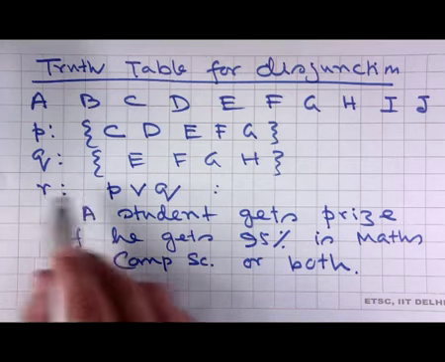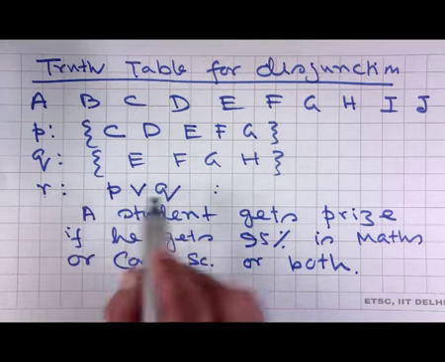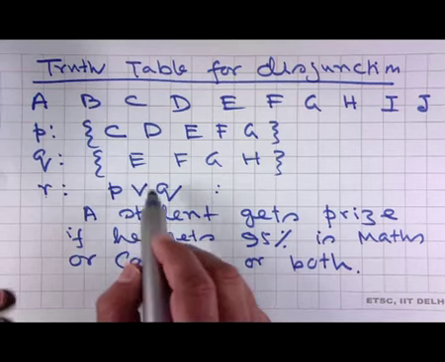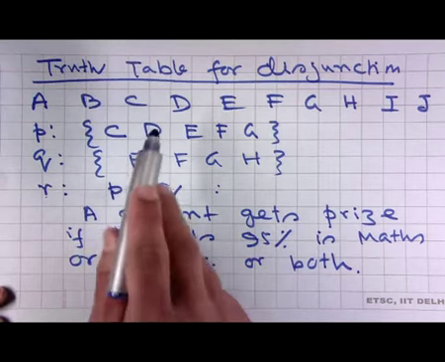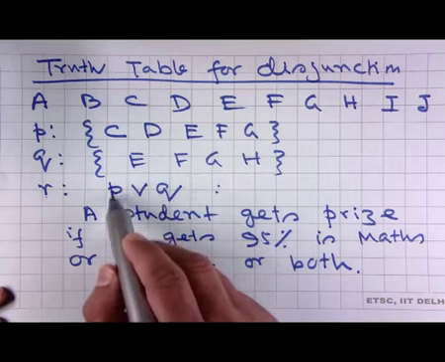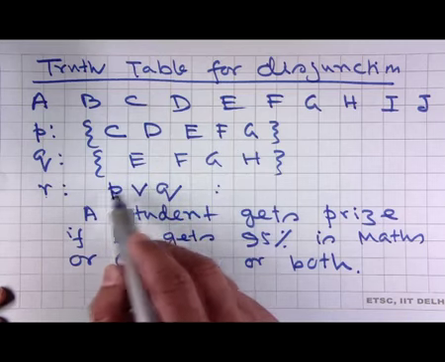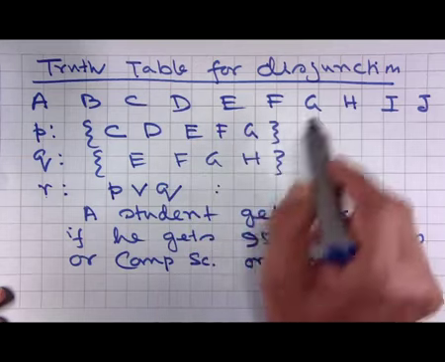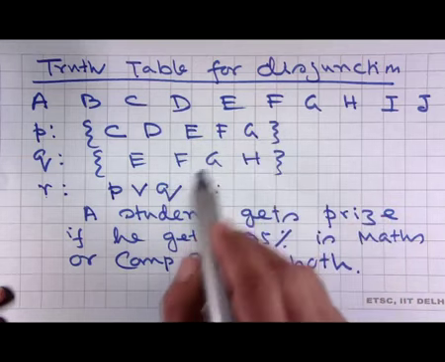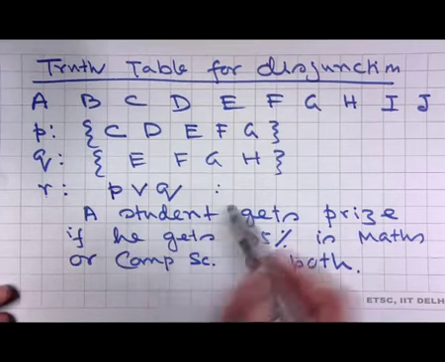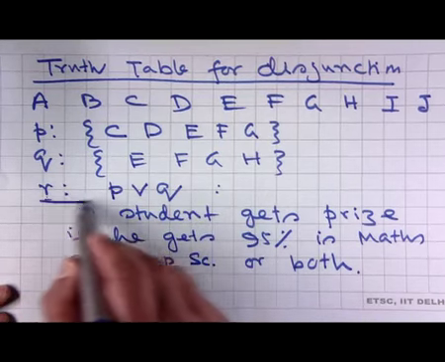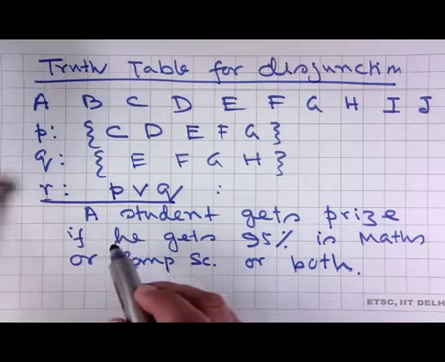Therefore, I can write R is equal to P or Q, in the sense that whichever elements are members of the truth set of P and whichever elements are the members of the truth set of Q, they all belong to the truth set of R. So, let us look at it.